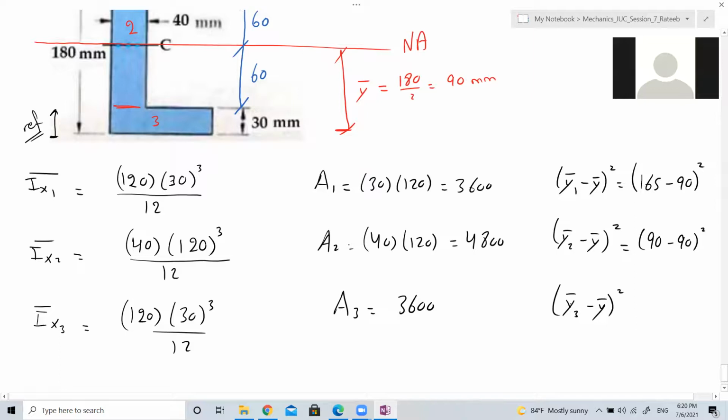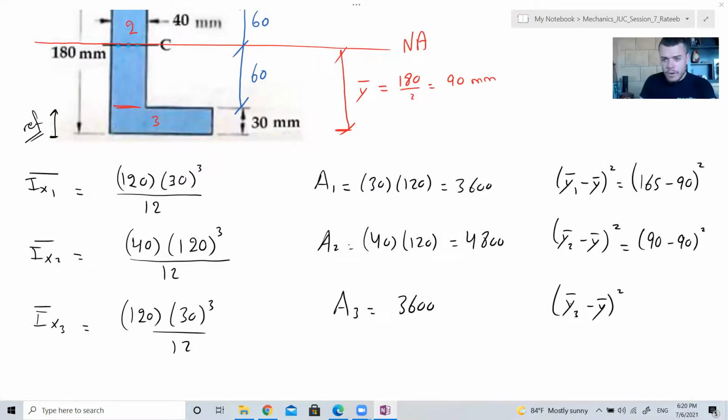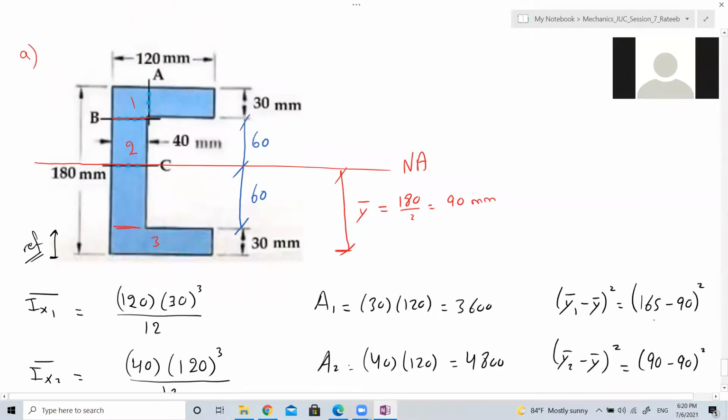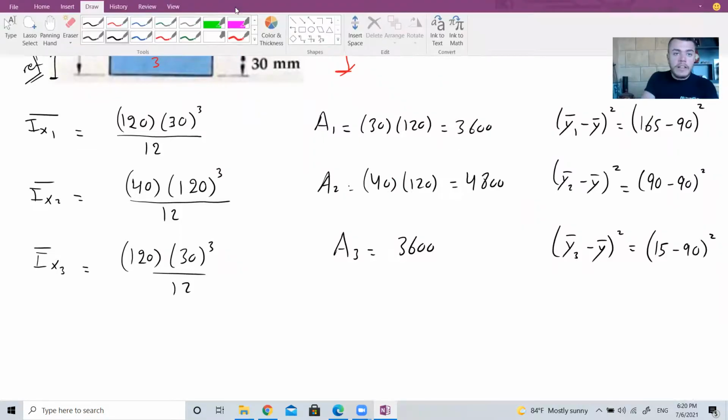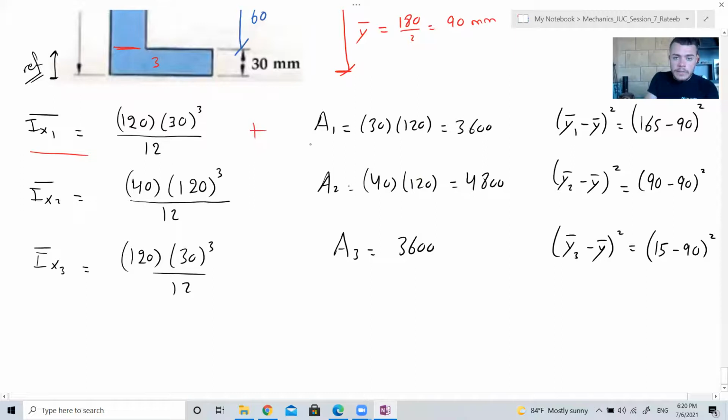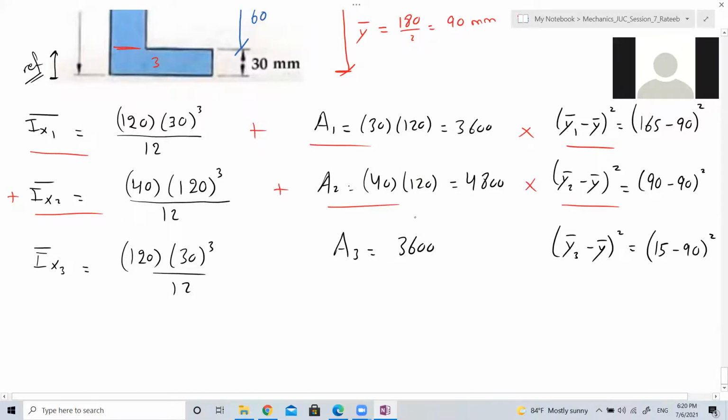What's y3 bar? 15. And to find Ix, what do we do now? This plus this times this, plus this plus this times this, plus this plus this times this.